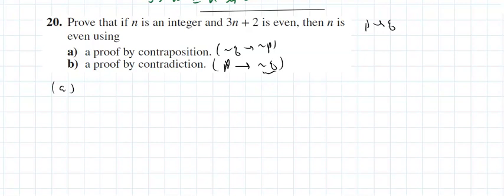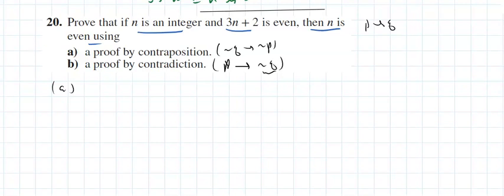It says, let's read it. Prove that if n is an integer and 3n plus 2 is even, then the conclusion, the Q, n is even. Okay, if we want to start this, we're going to do it using contrapositive.